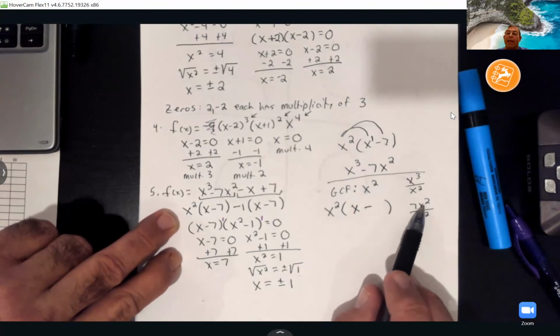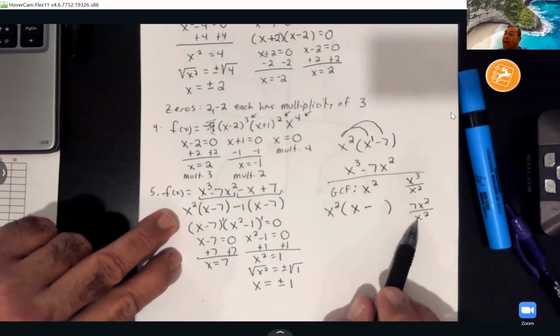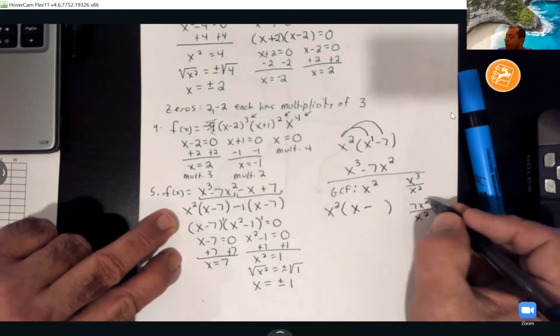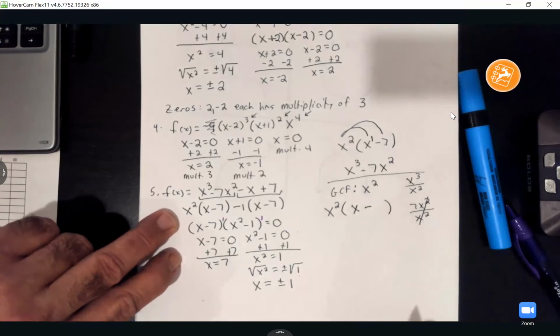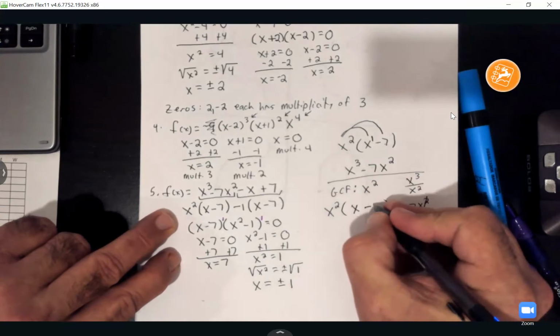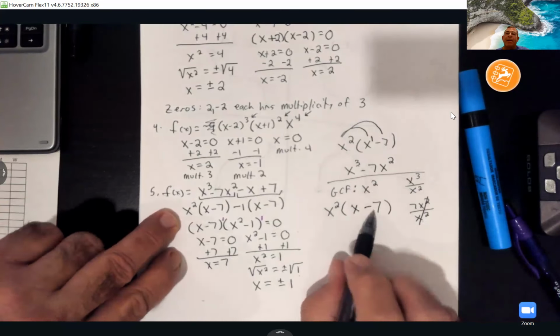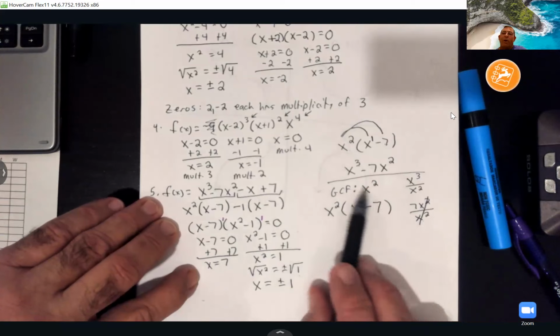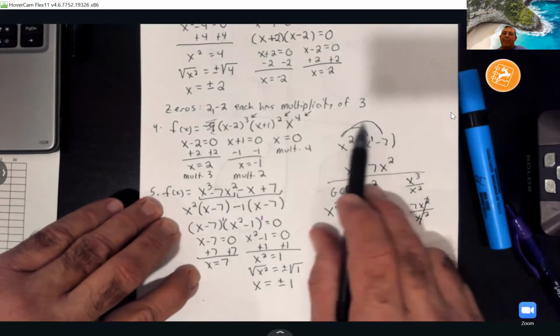Well, remember, you got an x squared up here. You're dividing by x squared. So since these terms match completely, don't they just cancel out? And all that's left is my 7. So remember, we are dividing those to get back to the way we started when we would have multiplied them, okay?